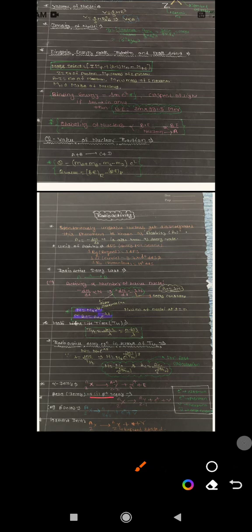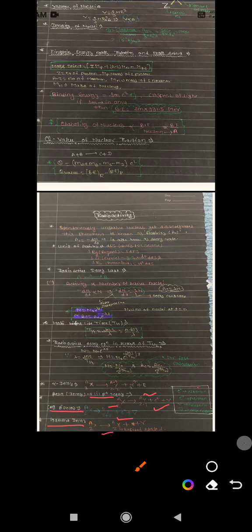In beta plus decay, mass number is same and atomic number will get decreased by 1. And in beta minus decay, mass number is same and atomic number increased by 1. And in gamma decay, atomic number and mass number both will be same.